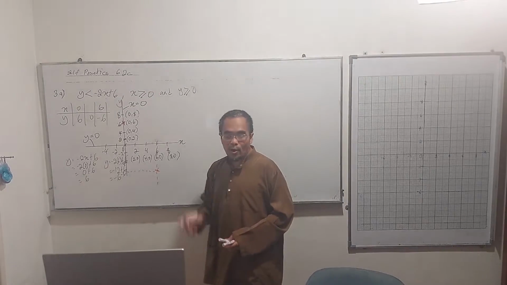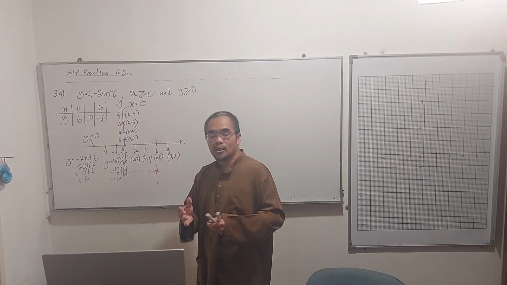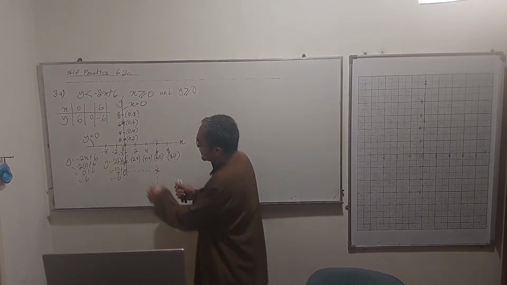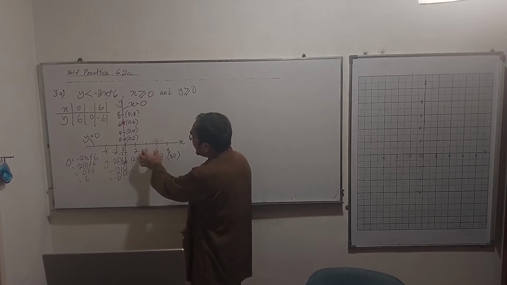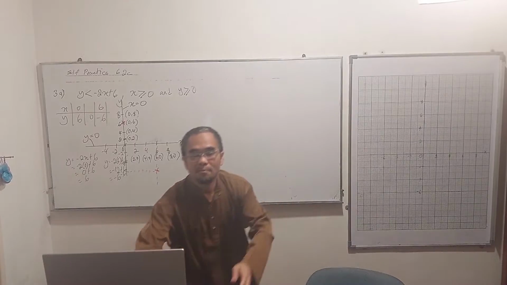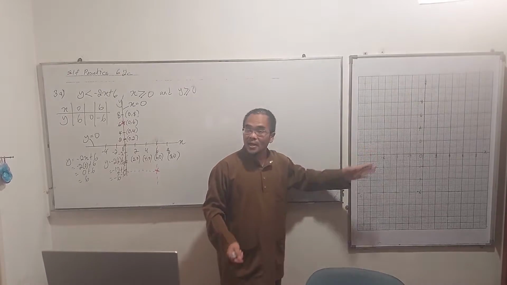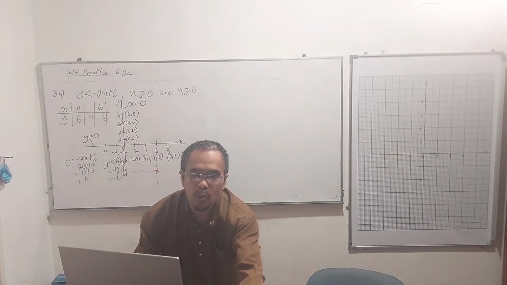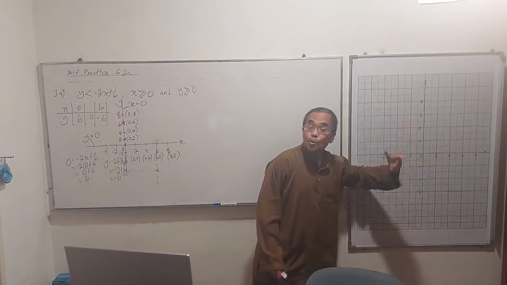So you stop at two coordinates only. Why? Because you are not using the correct scale. This could be 1.5 centimeter, this could be 1.8 centimeter, this could be 1.6 centimeter. If you are using graph paper, that doesn't matter. 0, 0 is here, and then every 1 centimeter will be 1 unit.